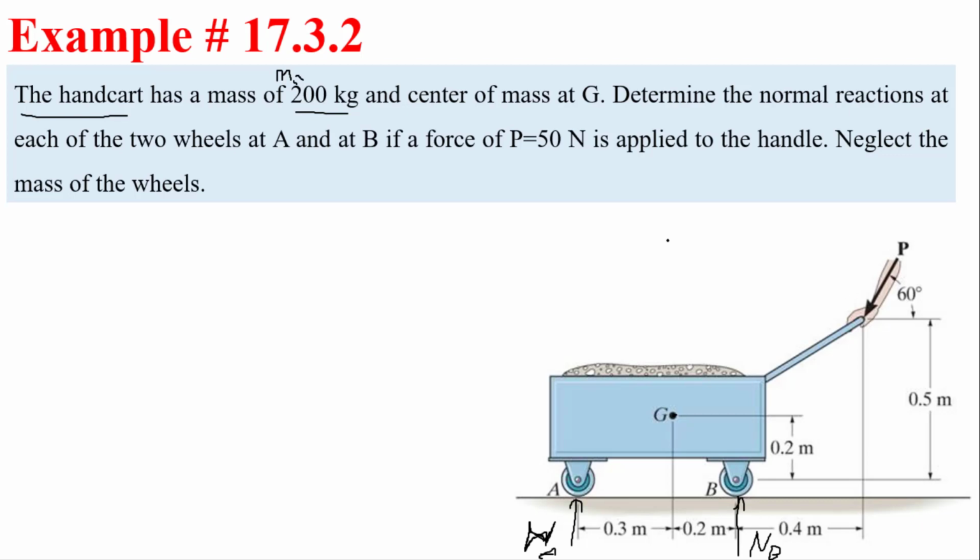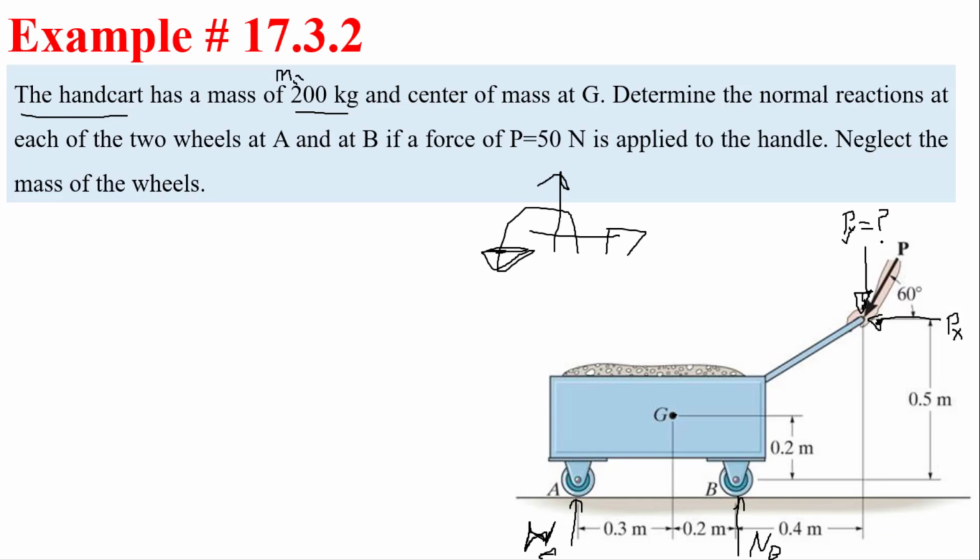If a force equal to 50 Newton is applied to the handle at this point, you can tell easily, of course, we assume this is positive x, positive y, and here is the positive direction of rotation. This force will have one component in the x direction and another component in the negative y direction.